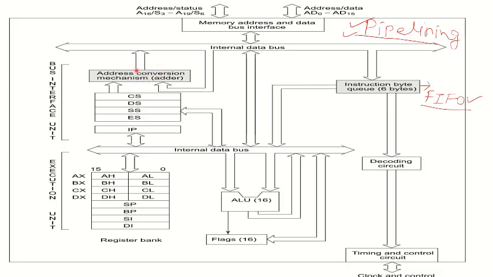The 20-bit address is generated using this tool. One more thing, here we have the flags. The flag register is 16-bit; we have already studied 6 status flags and 3 control flags. And this is the control circuitry, which generates the synchronizing, timing and control signals.